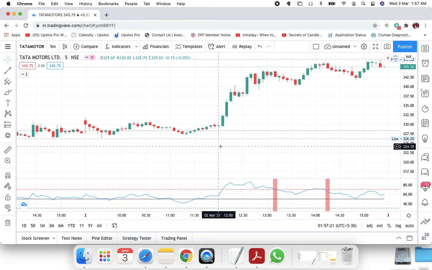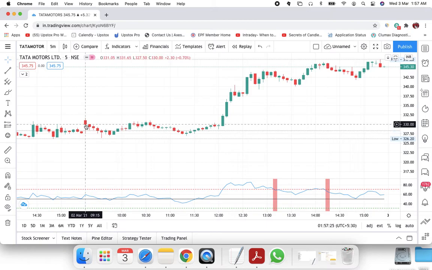So what is the exit point? Consider this small trade. Our entry is here at 330, and slowly it has reached 326.